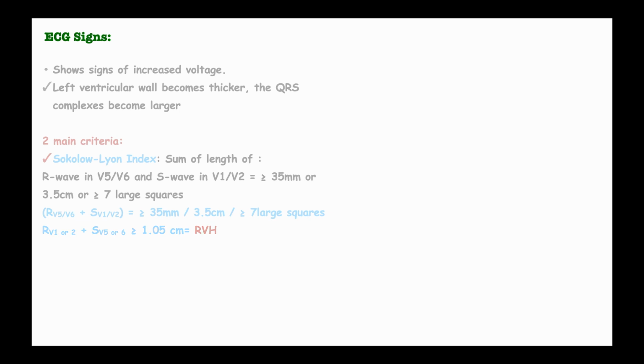Now, when we look at the specificity and the sensitivity of the Sokolow-Lyon test, it has a specificity of 85% as well as a sensitivity of 20%. And like I said before, there are a lot of such criteria, but none of them is perfect. And so we try to combine multiple criteria, such that the sensitivity and the specificity will go high.